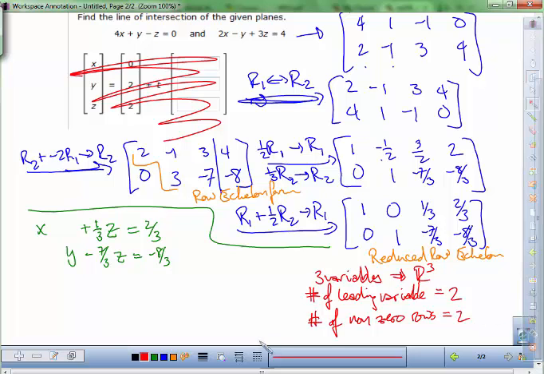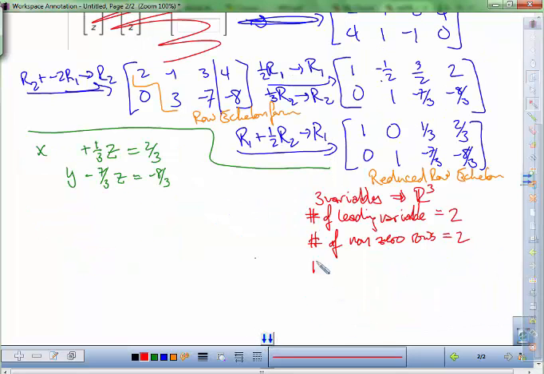How many 0 rows do we have? How many free variables do we have? How many? 1. So leading variables are x and y, and z is a free variable.